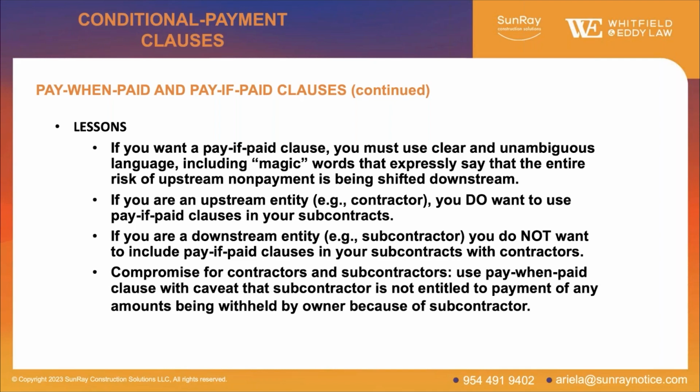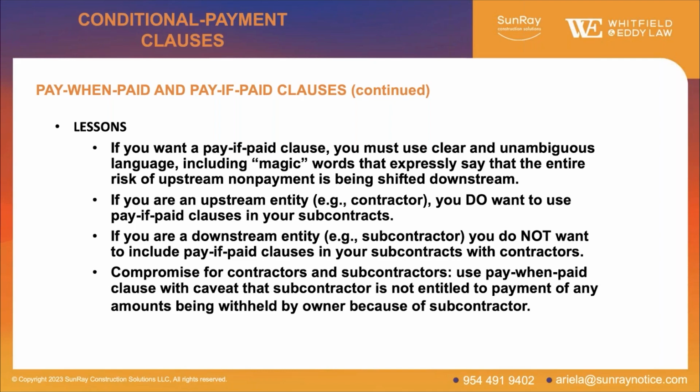Now, if you're a contractor, you want a pay if paid clause in your subcontract, if you can. But if you're a subcontractor, you do not want those. So what's the compromise here?